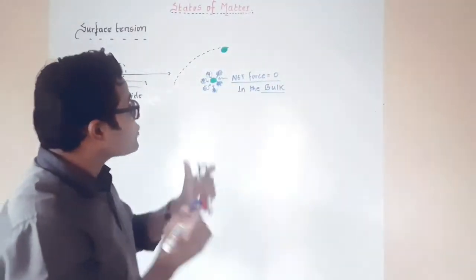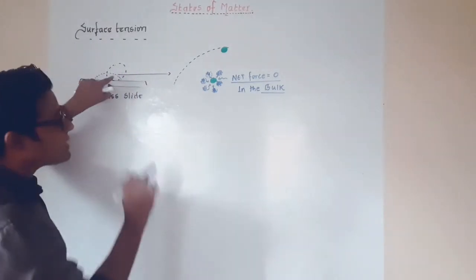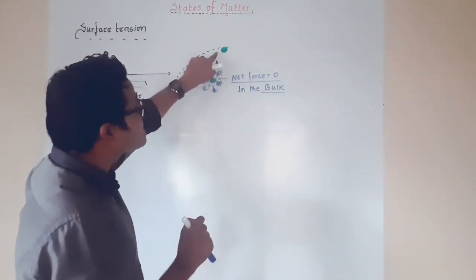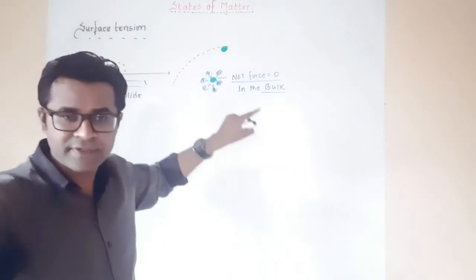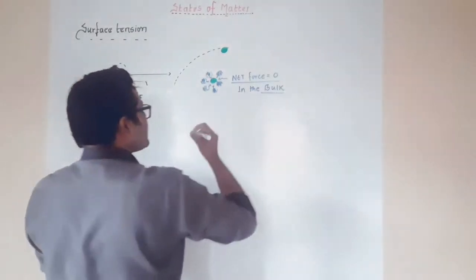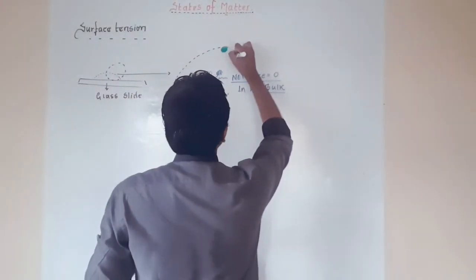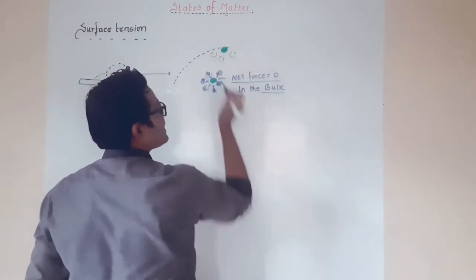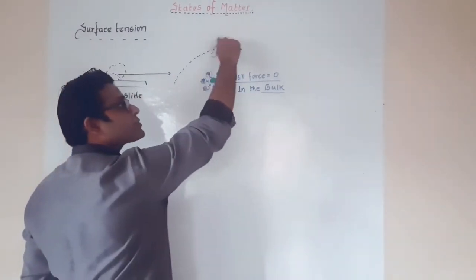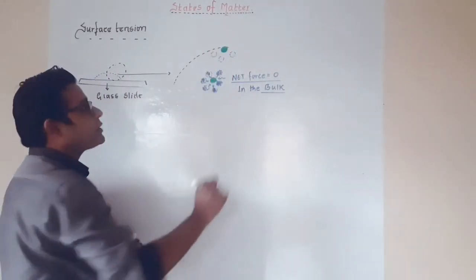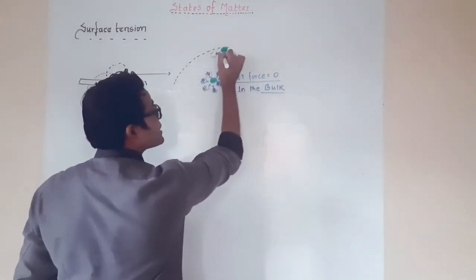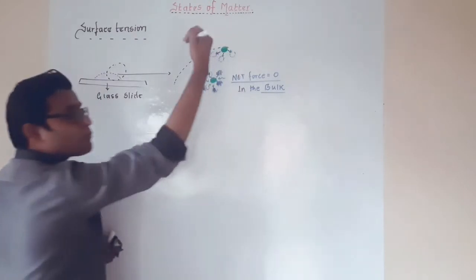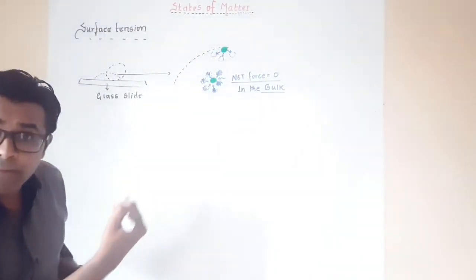But that is not the case when we see the molecules on or near the surface. Near the surface, molecules surround it like this, but there are no molecules to surround it on the surface. Due to this, the molecules on the surface will experience an inward pull.